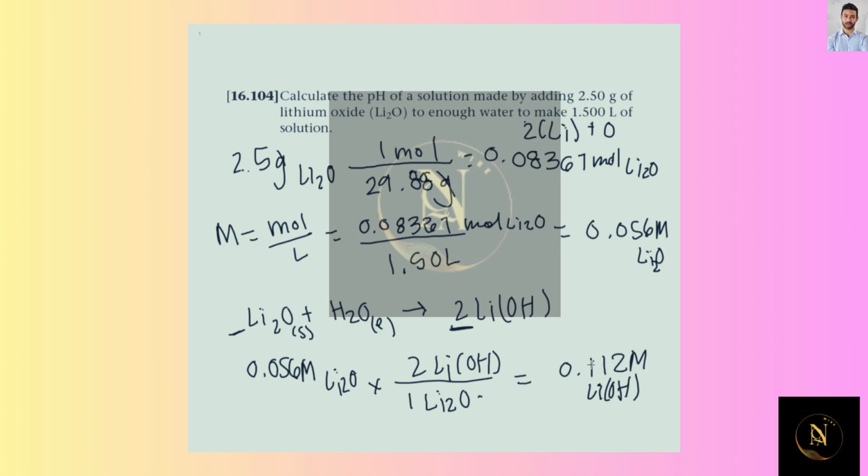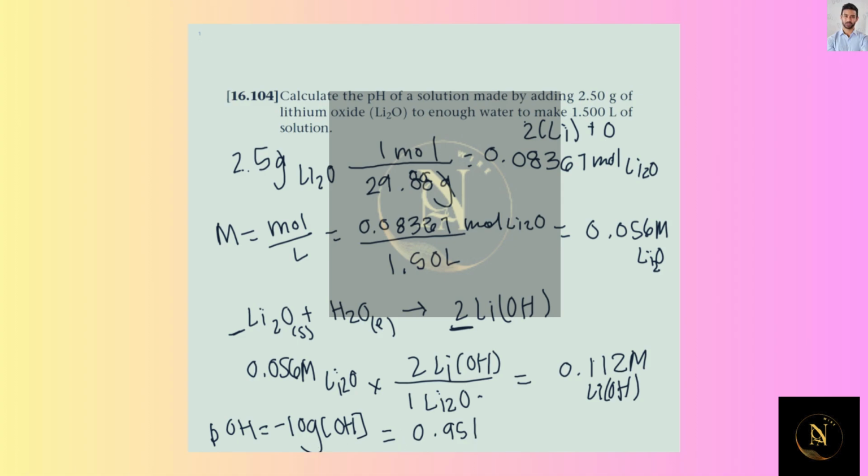Now since we have the concentration of OH, we can find our pOH, which is equal to the negative log of our OH concentration. When we plug that into our calculator, we get 0.951 for the pOH.